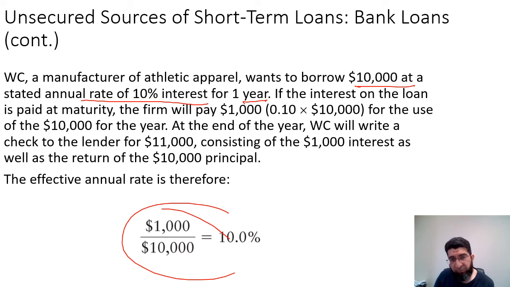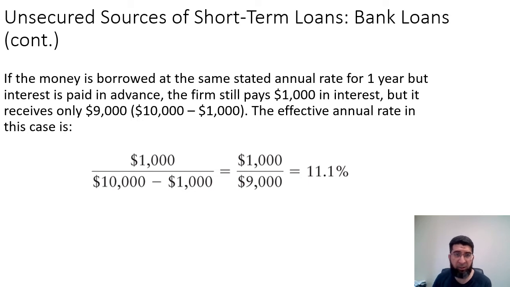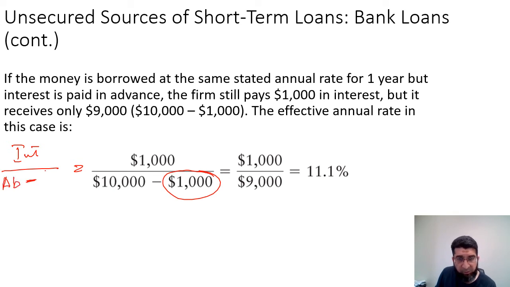But if this is an advance interest or discount loan example, then what would happen? So we paid 1,000 in advance. This will be the interest divided by the amount borrowed minus the interest. So basically we have deducted the interest from the amount borrowed or principal amount in advance, and what is left is $9,000.